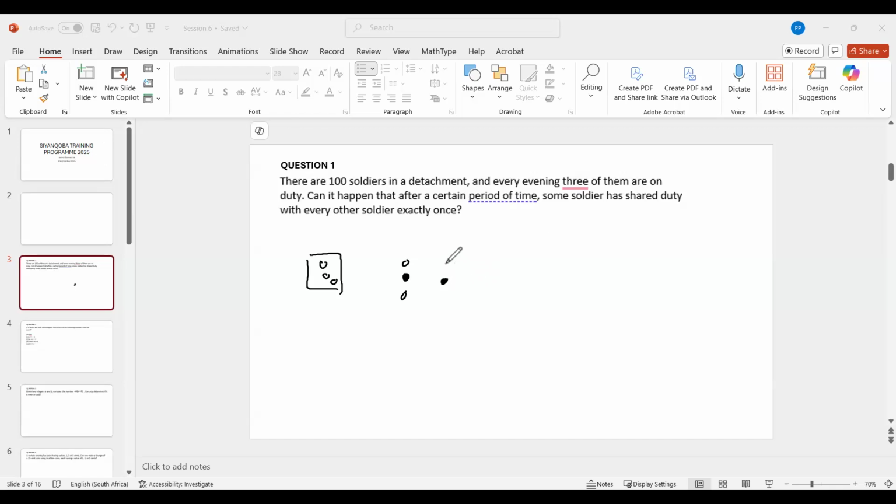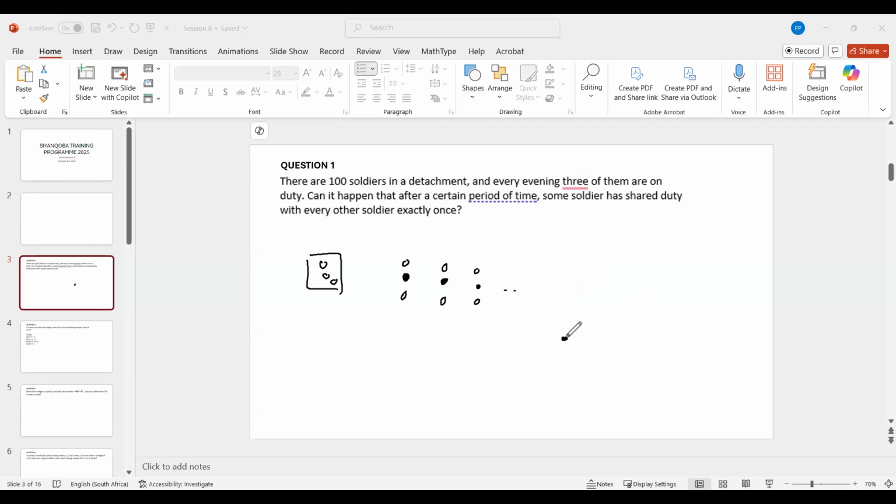So he's there all the time. But now you've got two new soldiers. I'll still put this down like that. And the third day, you've got two new soldiers. And the question is now, is it possible that he shares this with everybody like that?